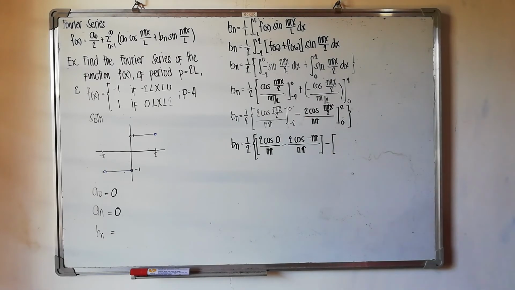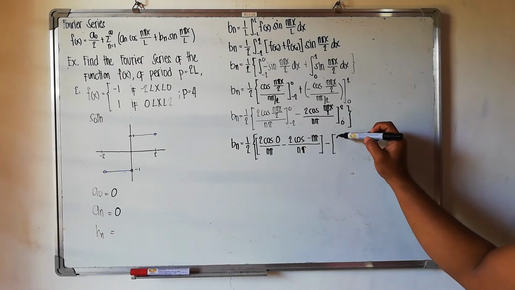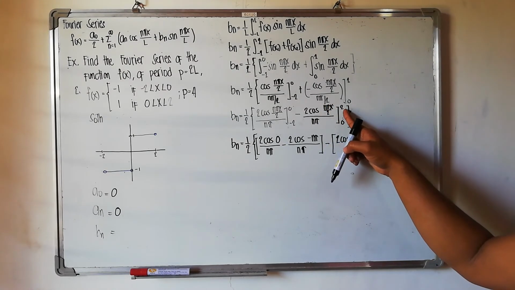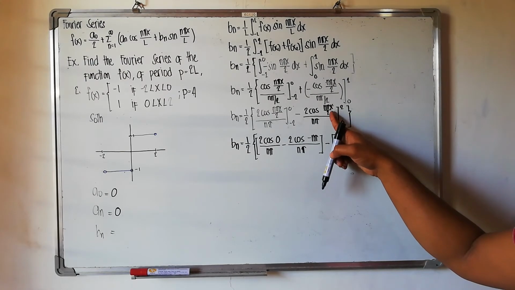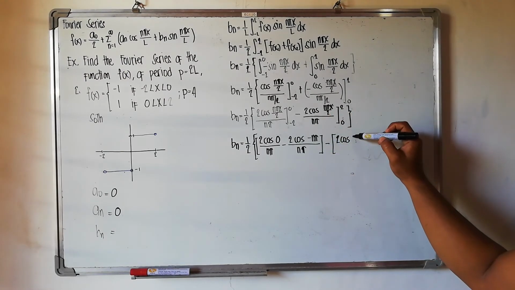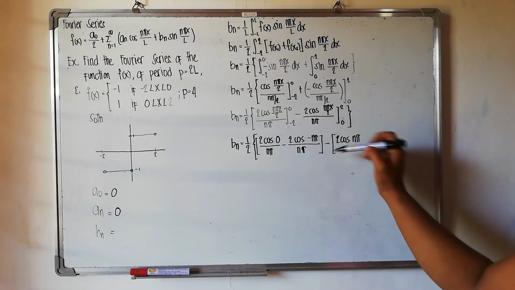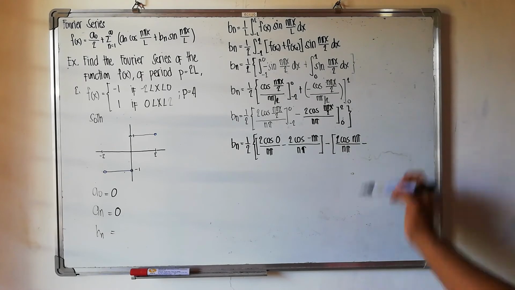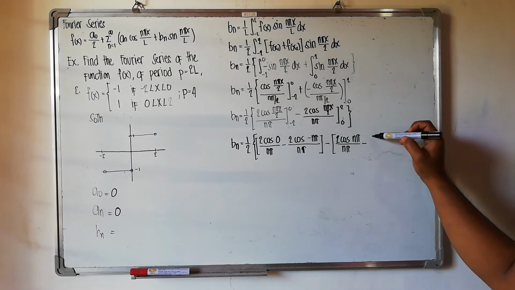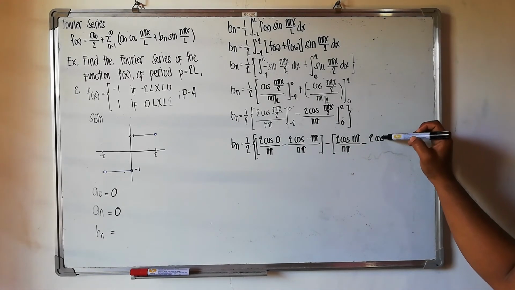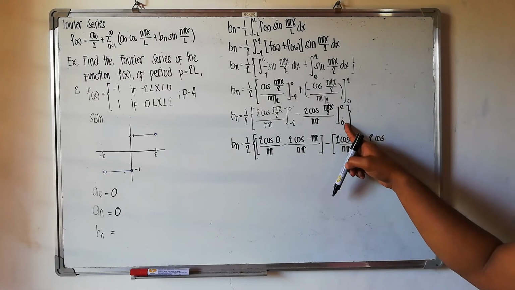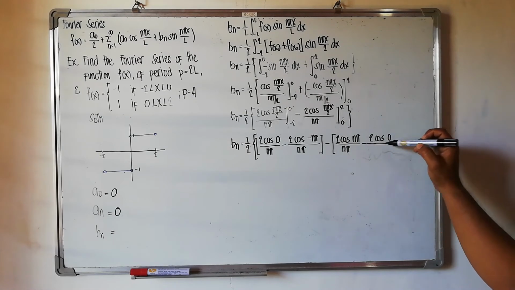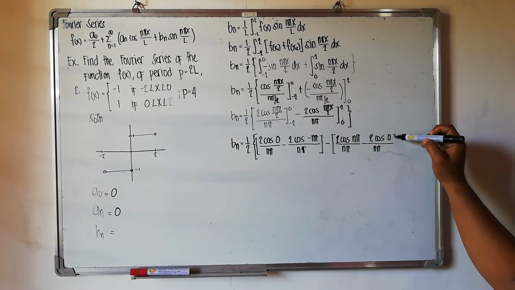For your second function, you have 2 cosine n pi times 2, so that will be 2 n pi divided by 2, so that will be equal to n pi over n pi, minus the lower limit. So you have 2 cosine n pi x times 0, so that will be 0, divided by 2, so that is equal to 0 over n pi.